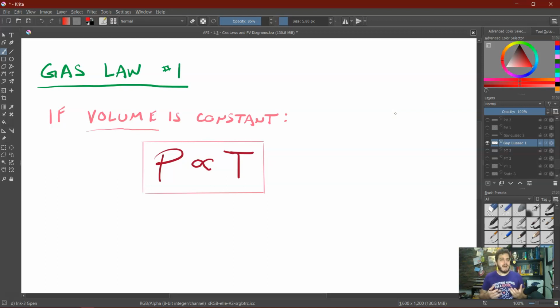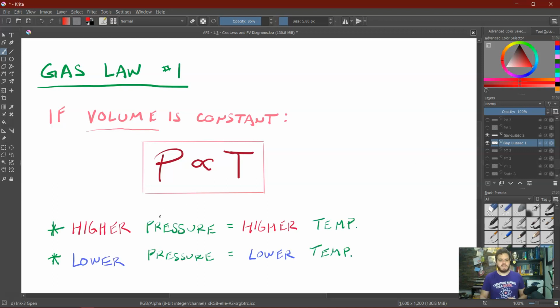I believe it is called the Gay-Lussac law, though I will be honest, I'm not 100% sure of the pronunciation of that. But if the volume of a container is constant, the pressure is going to be proportional to the temperature, meaning that if we have more pressure or more temperature, the other one is going to go up as well. If we have a lower temperature, we're going to have a lower pressure. These two variables are directly proportional.